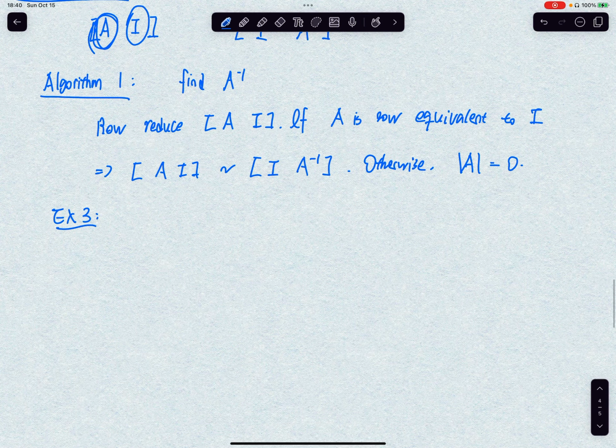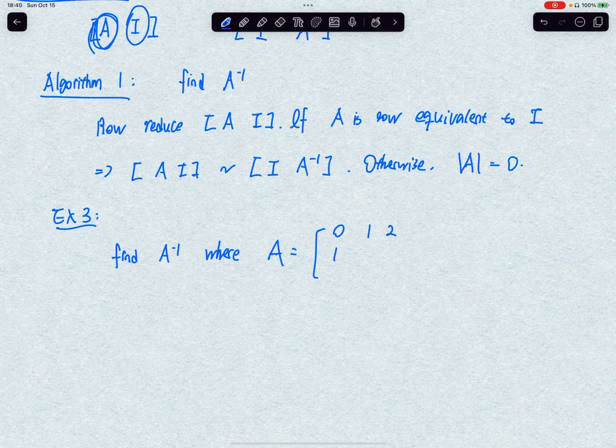Example. We want to find A inverse, where A equals 0, 1, 2, 1, 0, 3, and 4, minus 3, and 8.